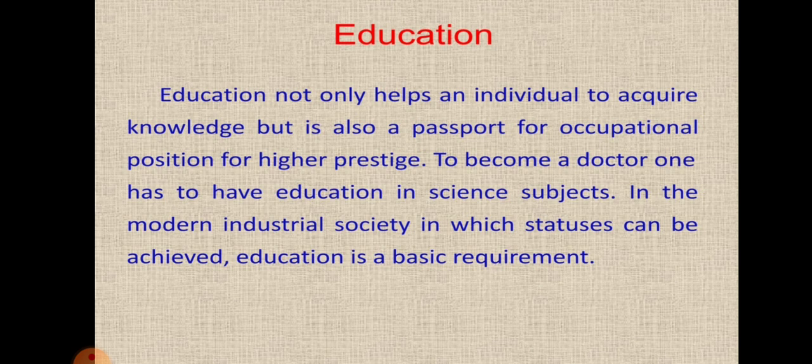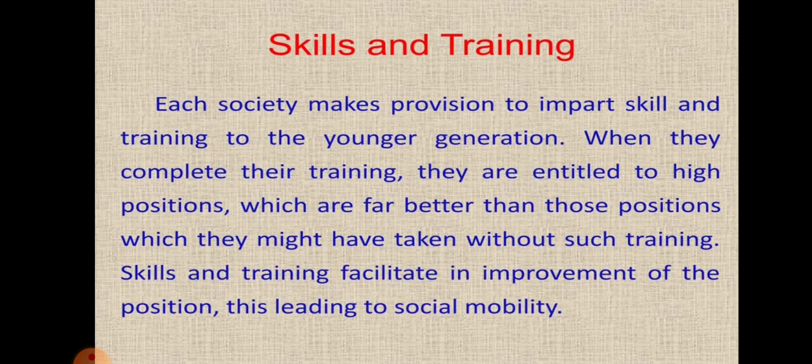Then education. Education is essential for every human being to move forward. Then skill and training. In today's world, skill and training is necessary. Today's generations have to seek how to make their way and how to improve their skills.